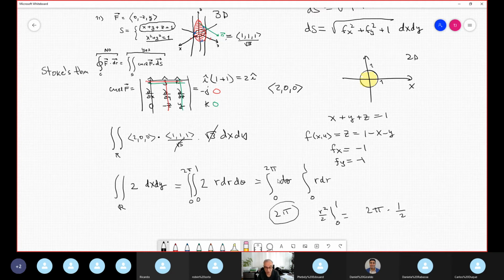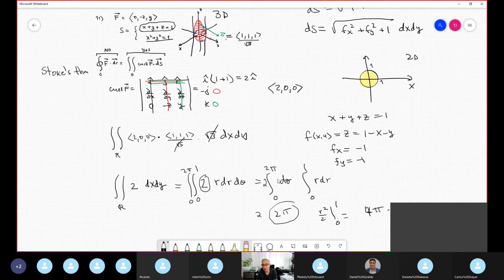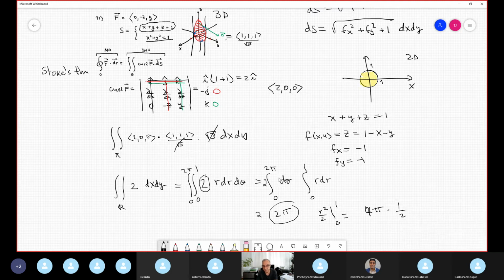Don't forget these 2. It's one extra 2. So it is 4 pi. The answer is 2 pi. Yes, that one. The answer is exactly what I have in my paper, 2 pi.